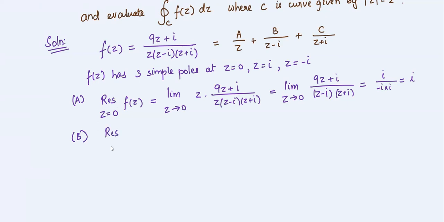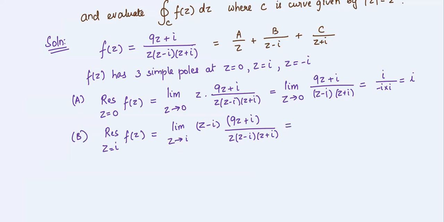Now we can do the residue at z equal to i. The residue at z equal to i of this function is the limit as z tends to i of z minus i times the function, (9z plus i) over z into (z minus i) into (z plus i). Of course, this cancels.